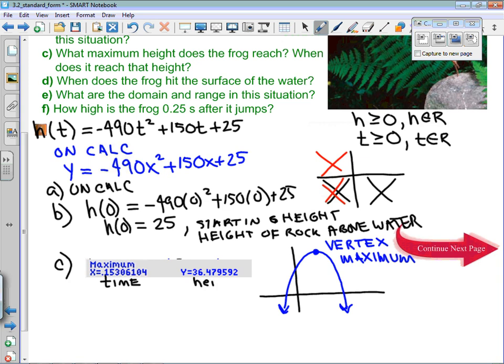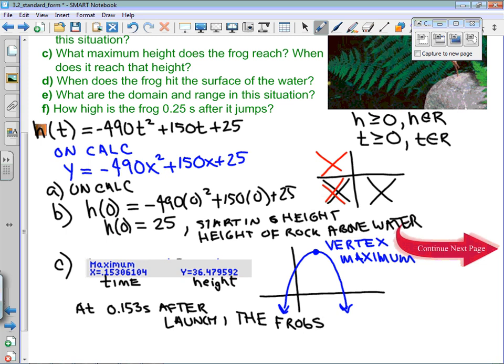So what this means, and I'm just going to go to the nearest thousandth here, is that at 0.153 seconds after launch, the frog is launching off of the rock, the frog's max height, we'll just go frog's max height, not an English teacher, is, and then we can read that y value.